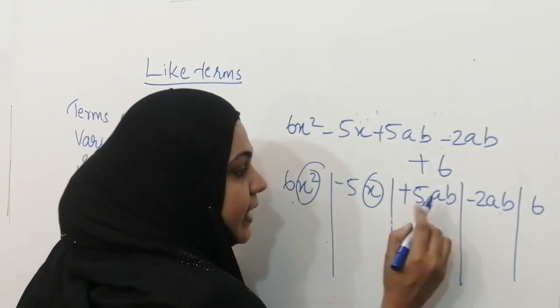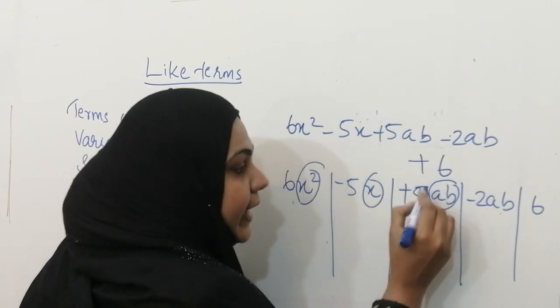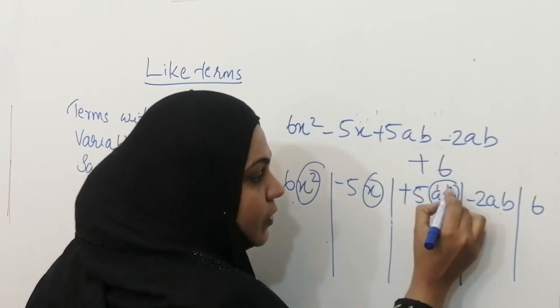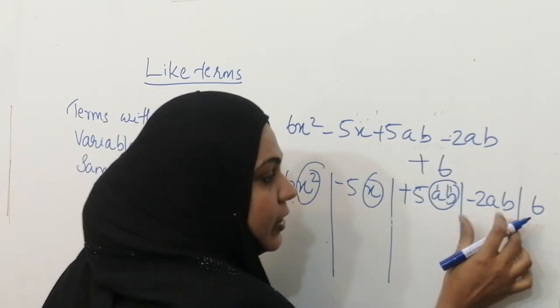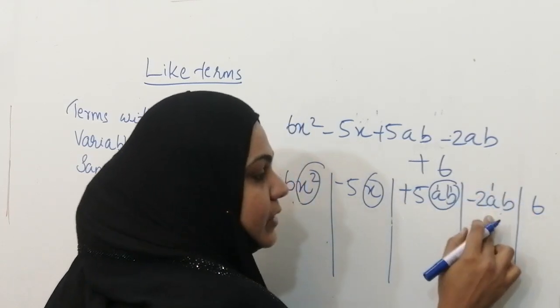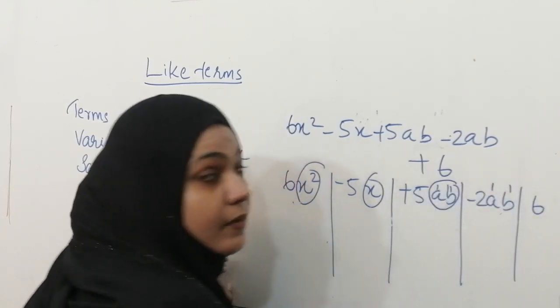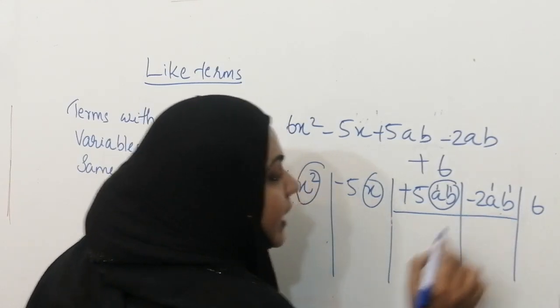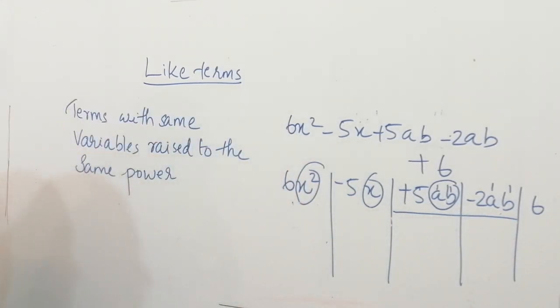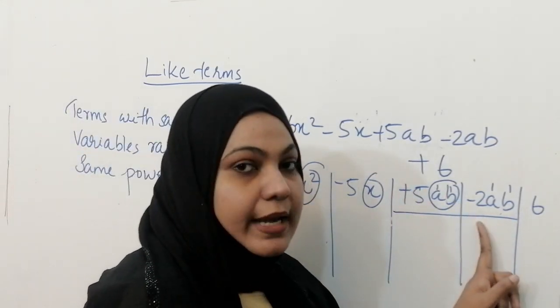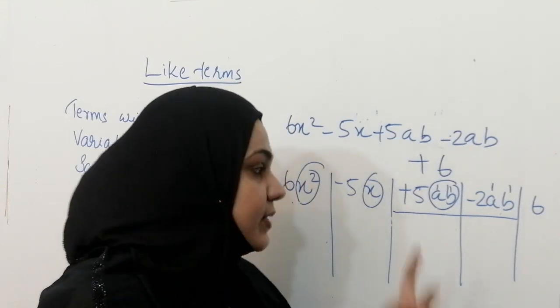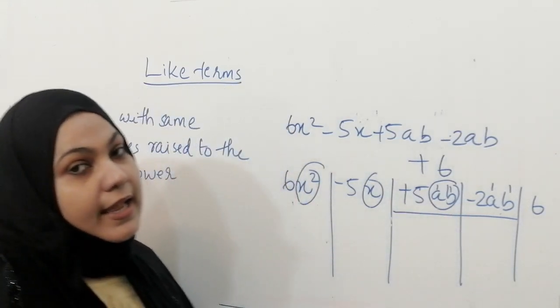Here you can see the power of a is 1 and the power of b is also 1. Correspondingly here also the power of a is 1 and the power of b is 1. So these two terms are called like terms. 5ab and minus 2ab have the same powers.